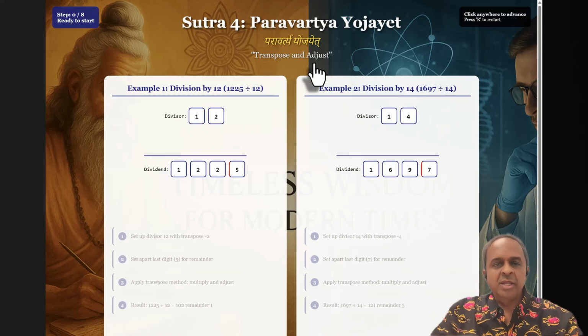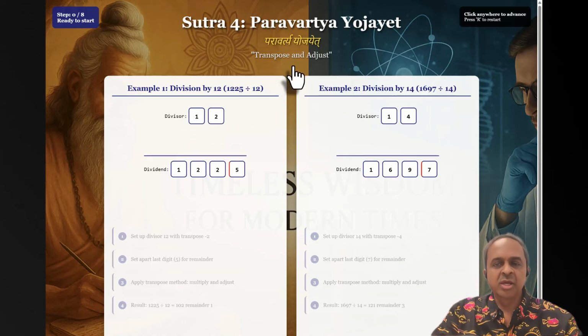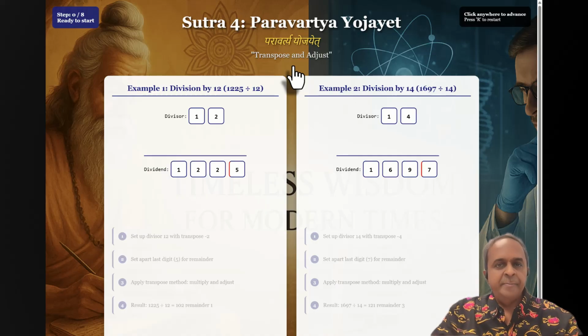So the Vedic sages discovered that division could be performed through a process of transposition and recurrence. Rather than using long division, this approach establishes a pattern that can be followed to find the quotient directly. This insight reveals the elegant efficiency of Vedic mathematical thinking.